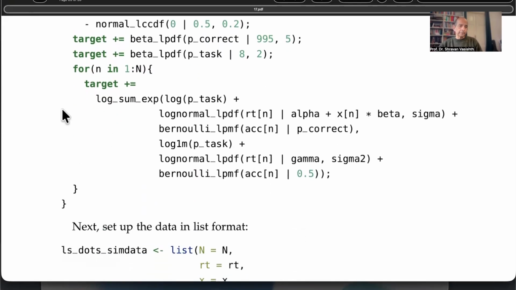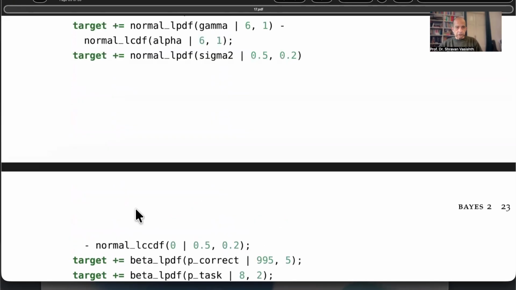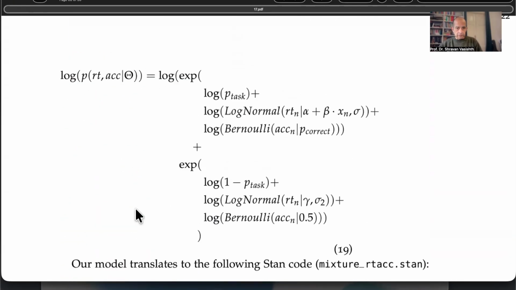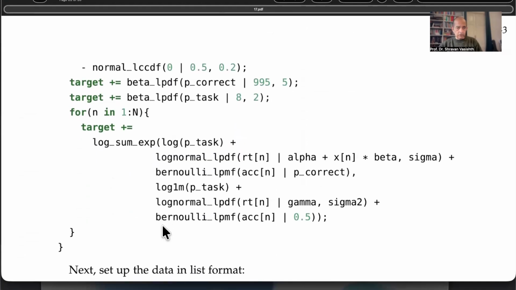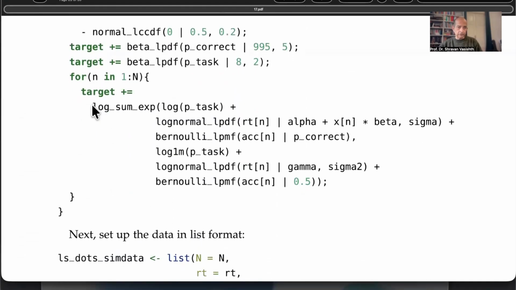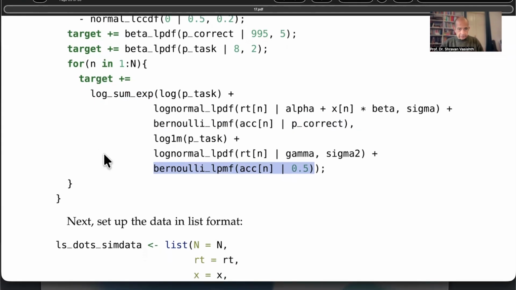So now again, the main part of the model. This statement here will have to be written out in that syntax that I introduced earlier, log sum exp. And here, the only new thing that you're seeing is this part here, for the first summand, and for the second one, we see this one here, right? That's it. And everything else is just like before. So nothing much has changed there, okay?